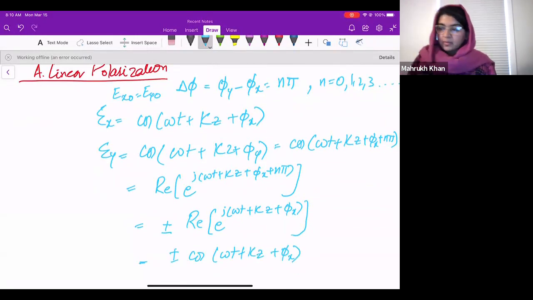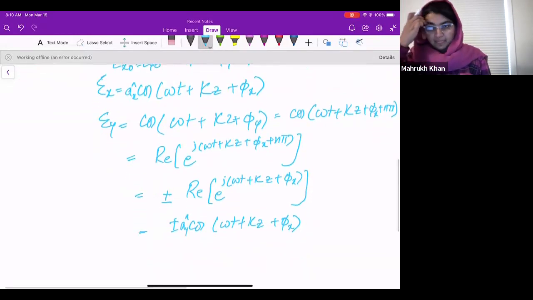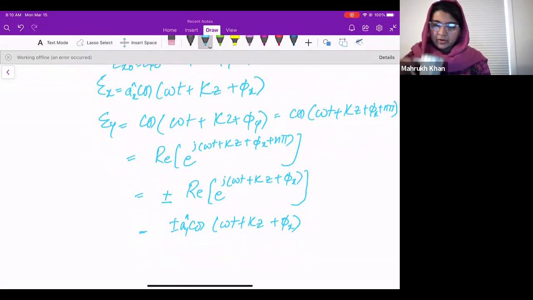So this is another way of writing it, right? Let's say the unit vector associated with this was ax and the unit vector associated with this was ay, then I can also write it like this. Is it clear?